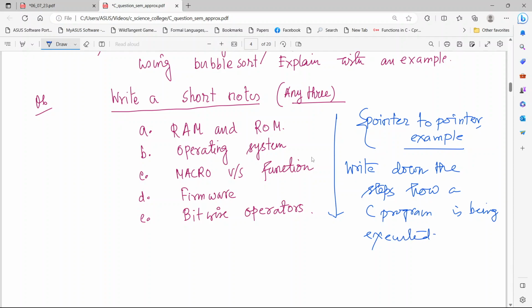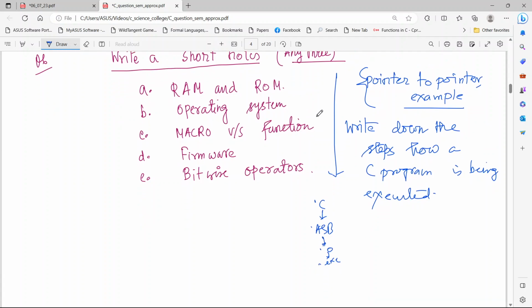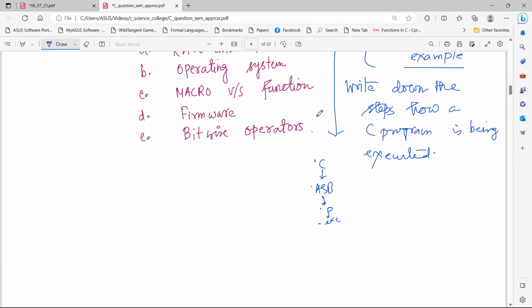That means you know .c file, then .asm file, then .o file, then .exe file. What are the steps, right, that you need to mention.